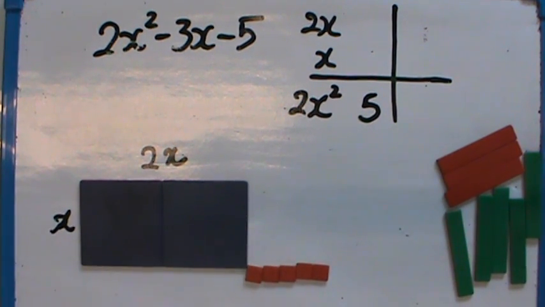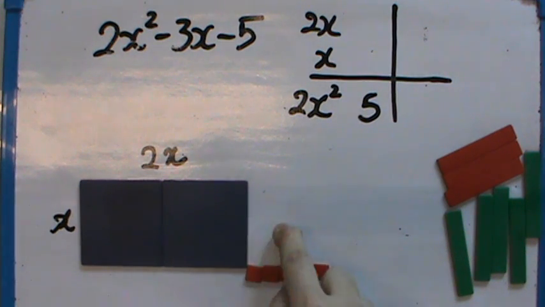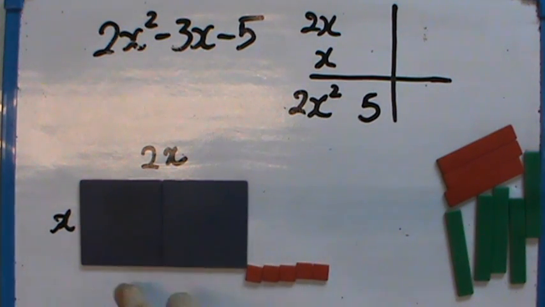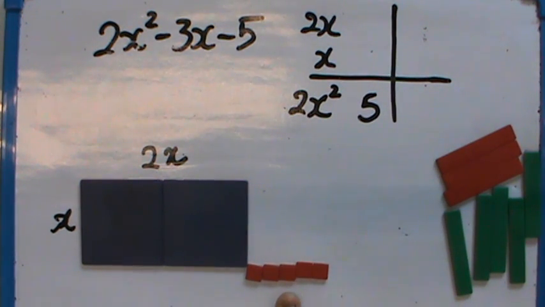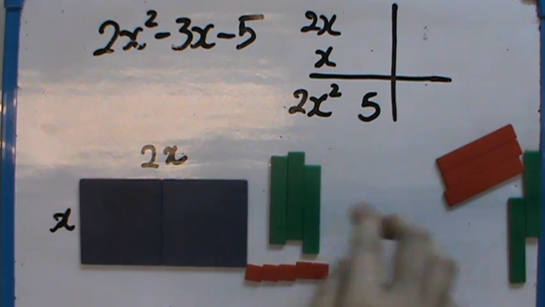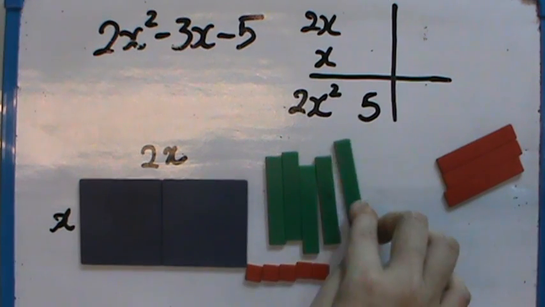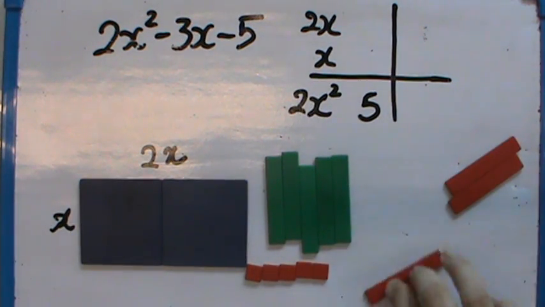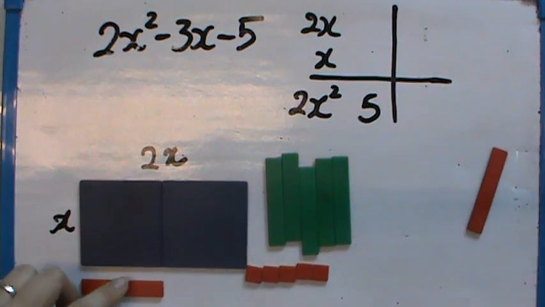If I work it this way, when I have 5 units over here and 1 unit over here, but I need to get a negative 5, so I may need to consider having positive 5 times negative 1.